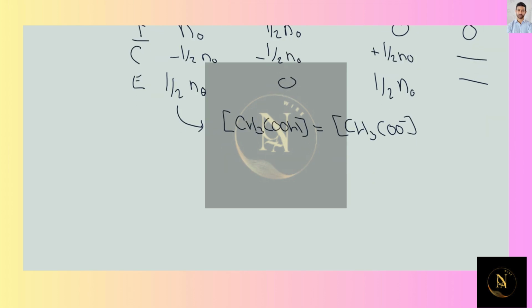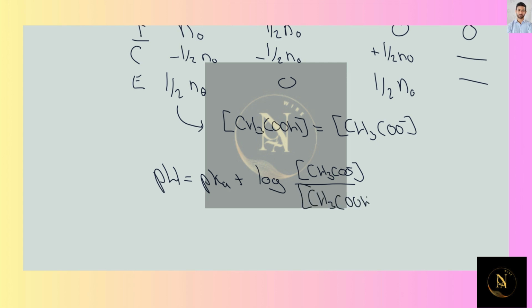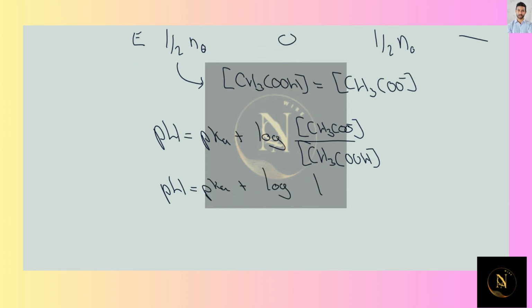That means that in our Henderson-Hasselbalch equation, the pH, which is equal to pKa plus the logarithm of the concentration of the conjugate base divided by the concentration of the acid, is going to become pH equals pKa plus logarithm of 1. Both quantities are the same. The logarithm of 1 is equal to 0, so pH is equal to the pKa at the half equivalence point.